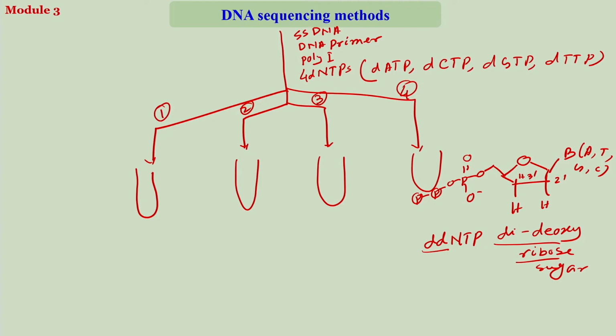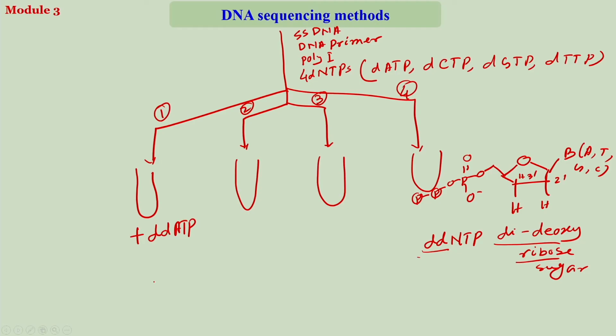Now, if I come back here, what Sanger has done, so here you have, I am not writing all of this here. Additionally, along with all the 4 dNTPs, Sanger has used a small quantity of this ddNTP for this particular vial, and here comes the differentiation. ddATP was added in this case.